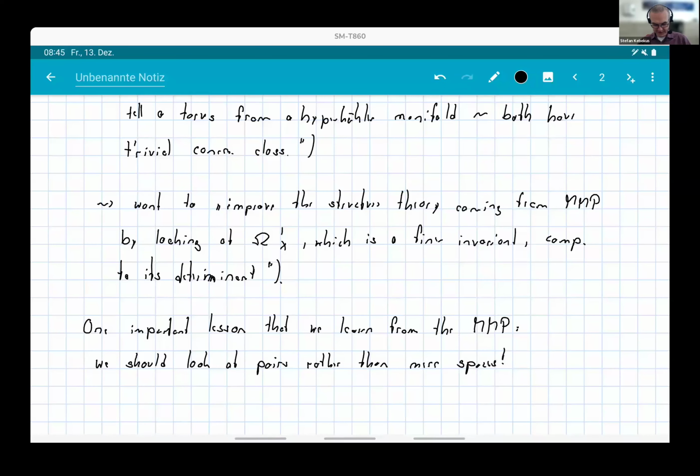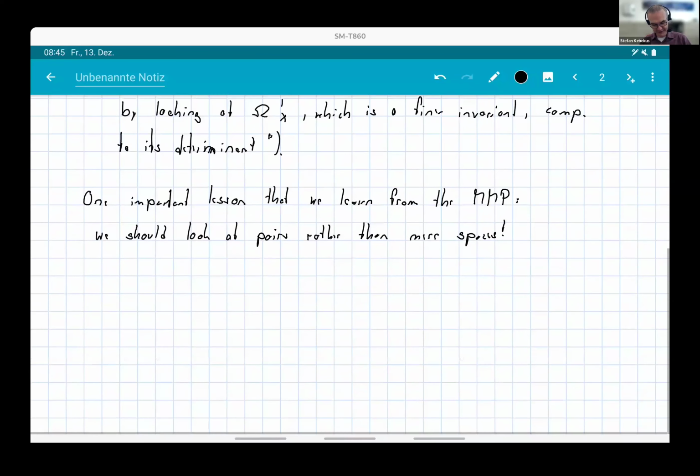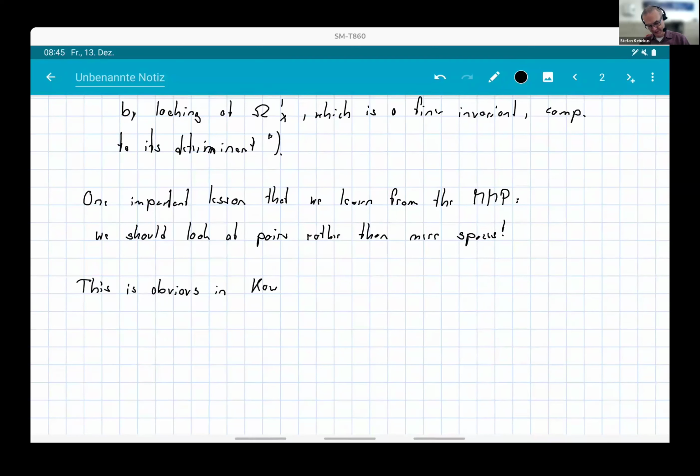And this is maybe most obvious in the Kawamata-Viehweg vanishing.